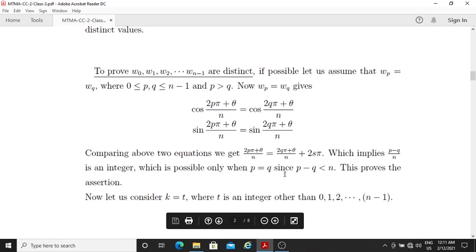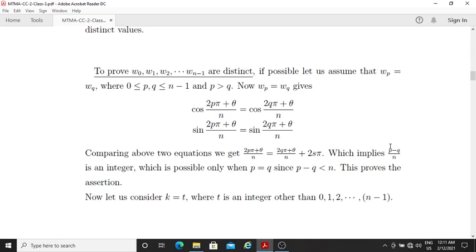Why? Because p is greater than q, so p minus q is definitely greater than 0, but it cannot be more than n, because both are less than n minus 1. So p minus q is definitely less than n. If it is less than n, and n is sitting at the denominator, and if this has to be an integer, then the numerator should be 0.